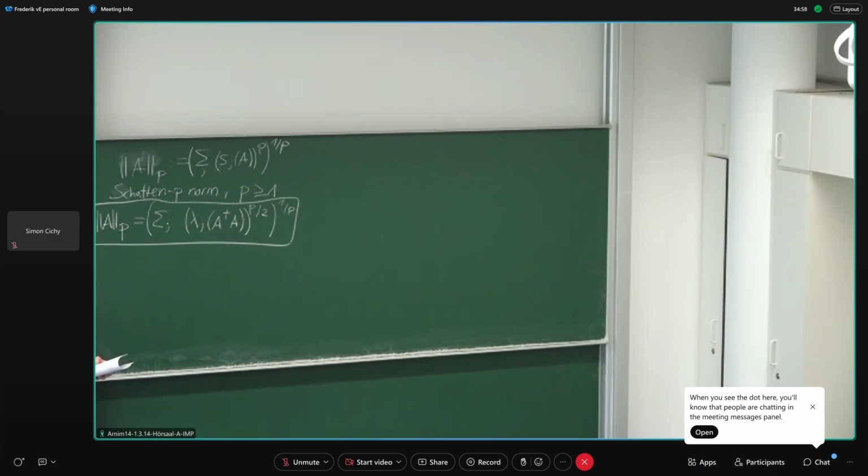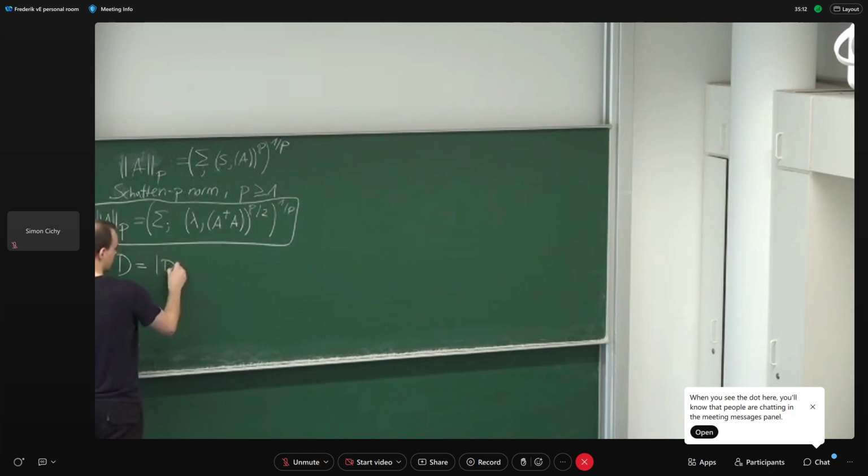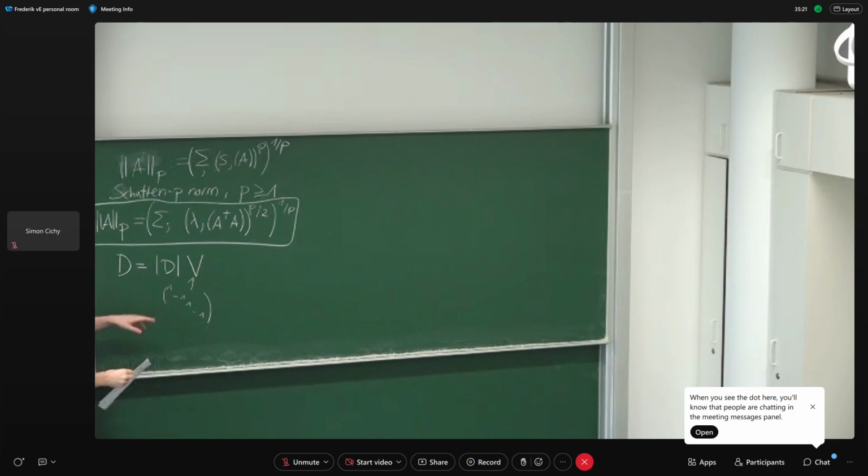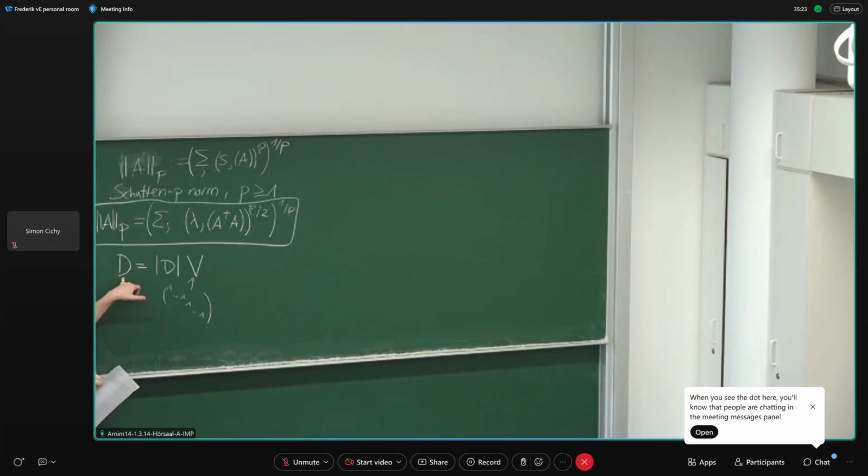Okay, but if I have a diagonal matrix, then I can have plus and minus eigenvalues. No, the SVD decomposition. If A is a diagonal matrix, then the SVD decomposition would look like this, where V is diagonal and it flips the signs whenever an eigenvalue is negative.